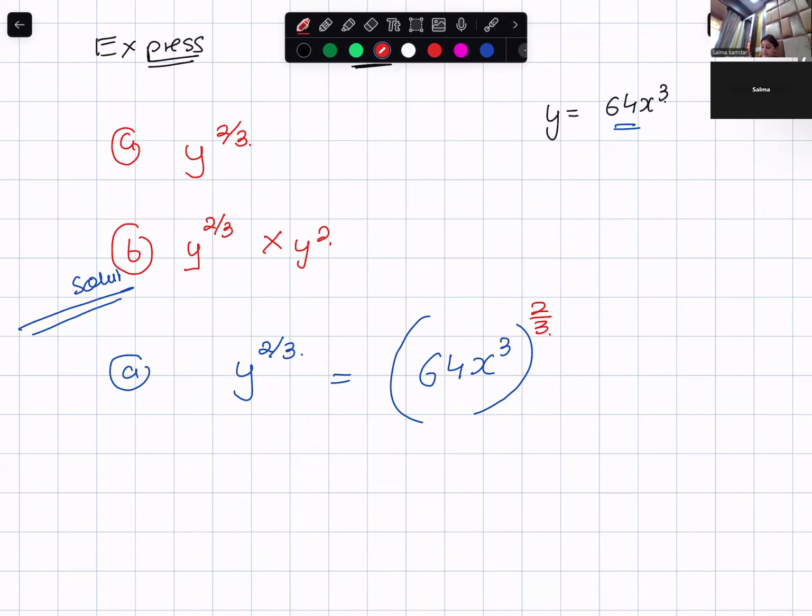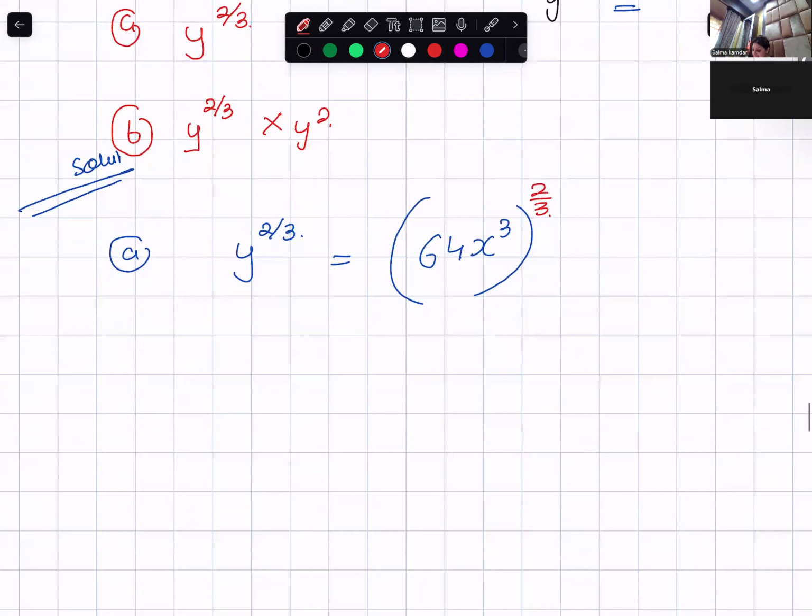You cannot apply more than one law of indices at the same time. So what you will do, you will give this 2 by 3 here, and you will give this 2 by 3 to x. So it will be 64 raised to 2 by 3, and you would have x cubed raised to 2 by 3. Are you with me?